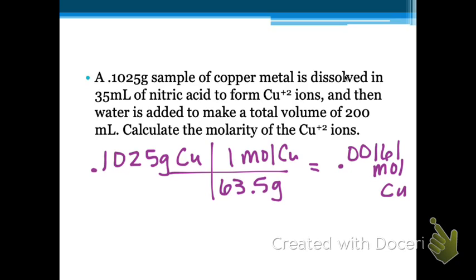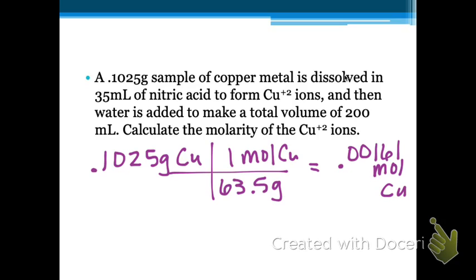All right, that's how many grams I started with. So this is how many moles I'm putting into that 35 milliliters of nitric acid. Okay? It does not change the number of moles if it's copper or copper 2+. Right? It doesn't make a difference. Okay? Well, it doesn't matter if it's ion or the regular. But that's how many moles is going into this solution, right?